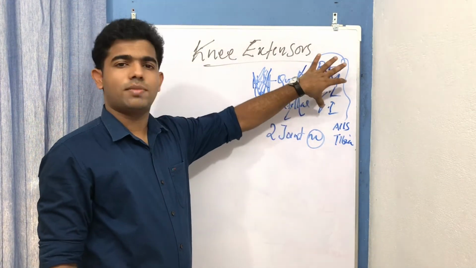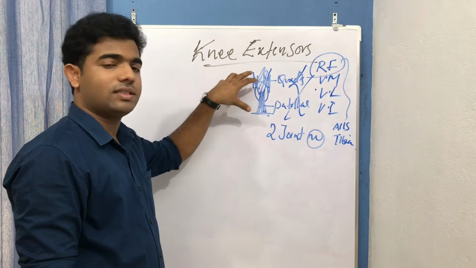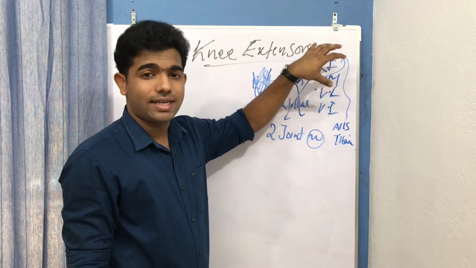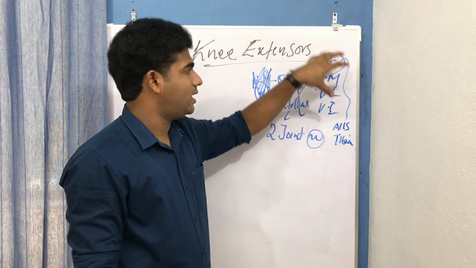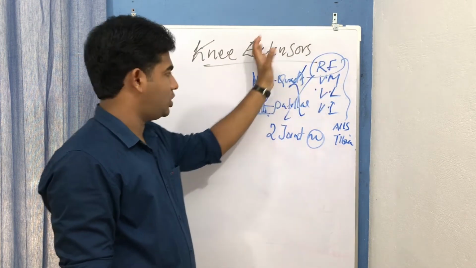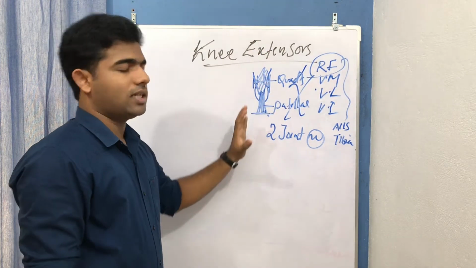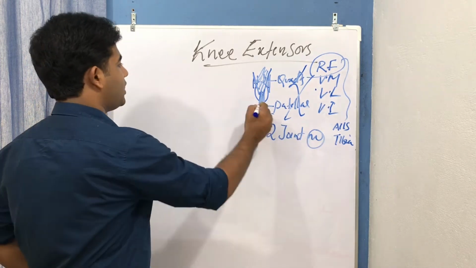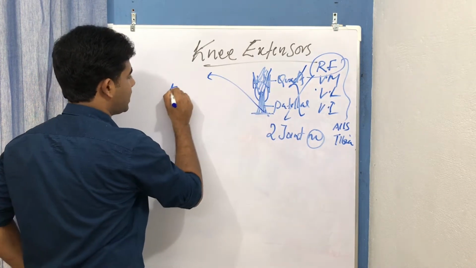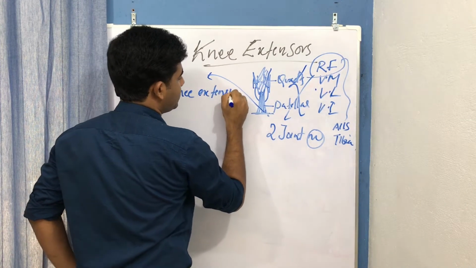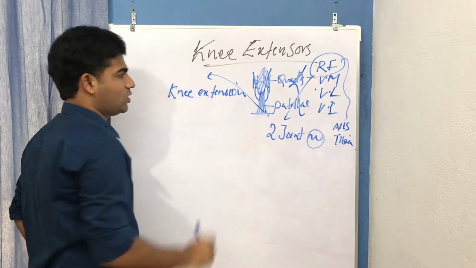Once again, all these muscles insert in the base and sides of the patella, a common tendon forms, the quadriceps tendon, and that continues past the patella to become the patellar tendon, and finally inserts into the tibia. The common function served by all these muscles is knee extension. These are the chief knee extensors.